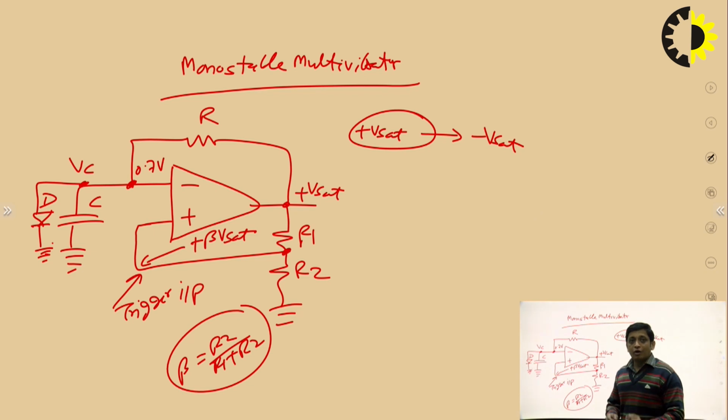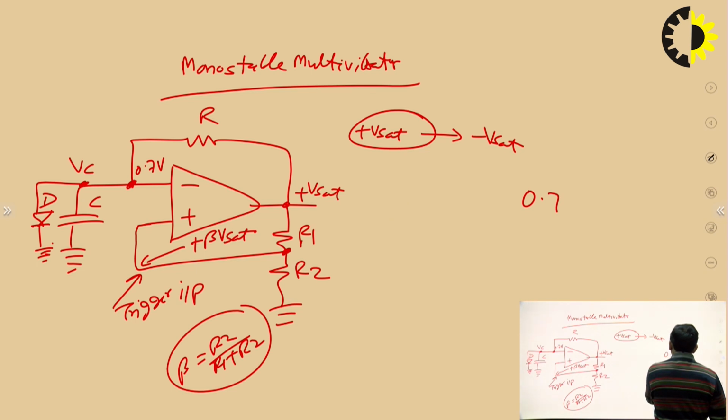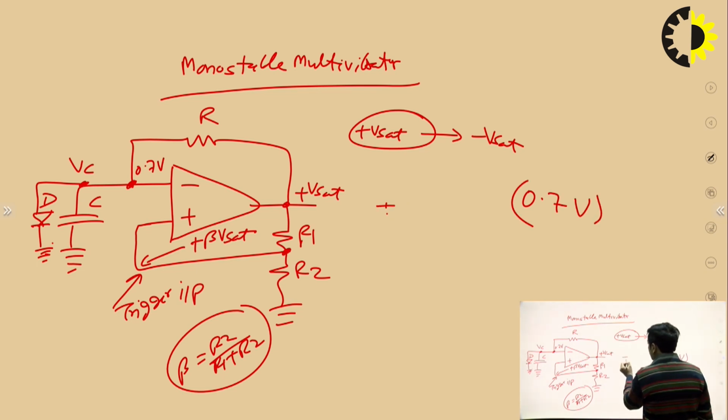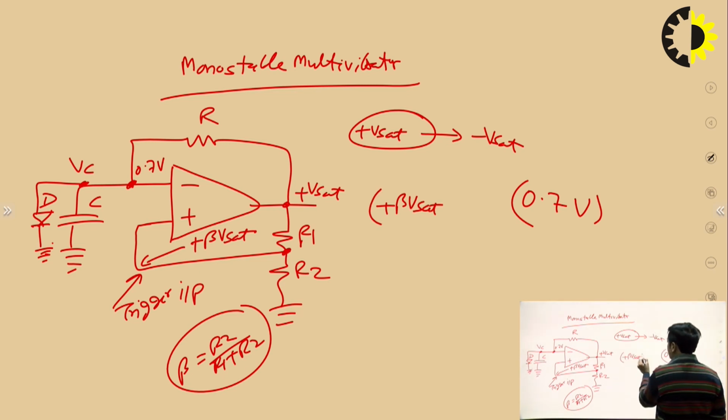Now, if we want the output of the circuit to switch from plus Vsat to minus Vsat, the inverting terminal voltage should be higher. The inverting terminal voltage is 0.7 volt and the non-inverting terminal voltage is plus beta Vsat, and we need to apply the trigger pulse.